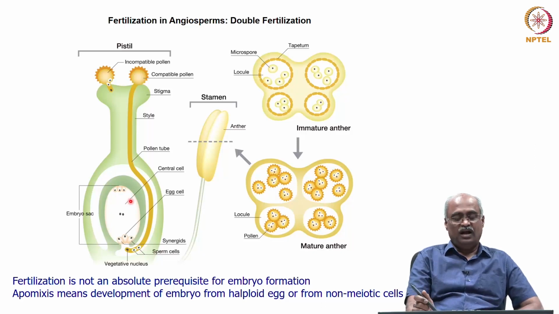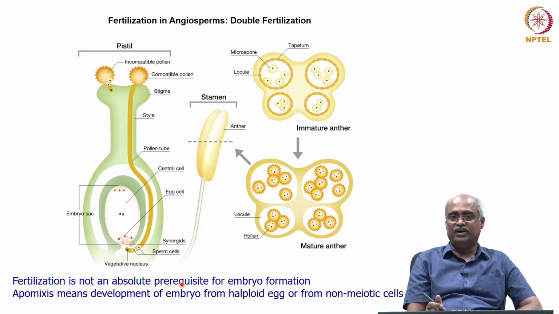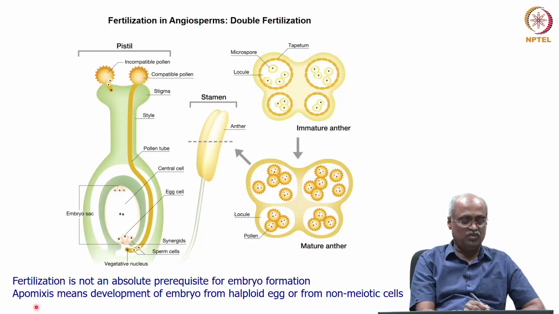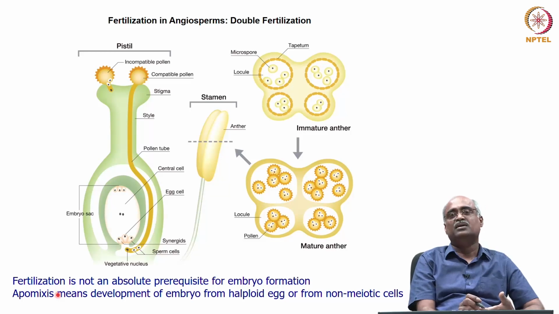But interestingly, this fertilization is not really important for embryo formation. There are situations where this haploid cell, or even sporophytic cells that need not even be an egg cell, are capable of generating an embryo, and that kind of embryogenesis is called apomixis, meaning no mixing of 2 different genotypes to make a zygote.